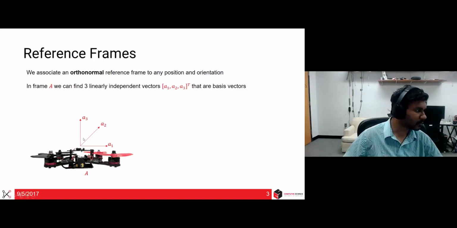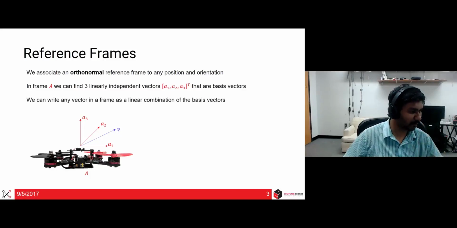And again, A1, A2, A3 can be replaced by any arbitrary notation you deem feasible. And let's consider a vector V in this A1, A2, A3 coordinate frame of reference. How do we denote this vector V in terms of A1, A2, and A3? Think about it for a second. The easiest way is to write this as a simple combination of these basis vectors.